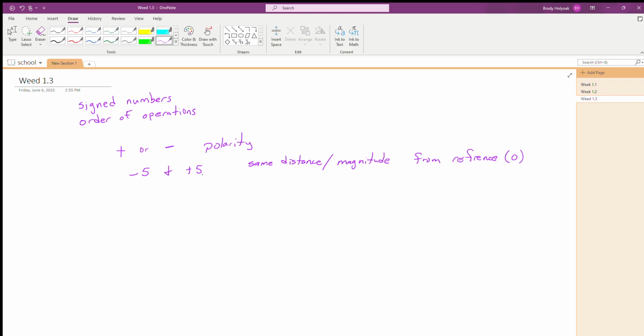So -5 and +5, the only difference is one is technically considered smaller and one is technically considered larger. Negative and positive just really means we're going in one direction versus the other direction. Opposites go away from each other. Positive is the opposite of negative. Negative is the opposite of positive.